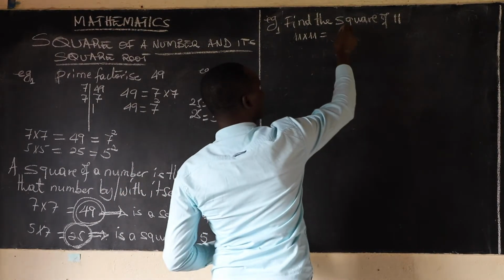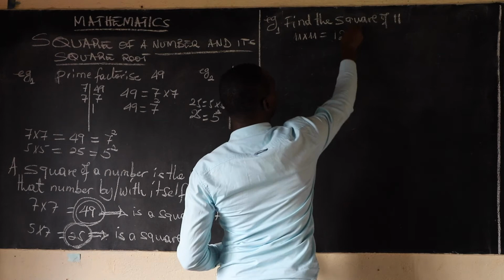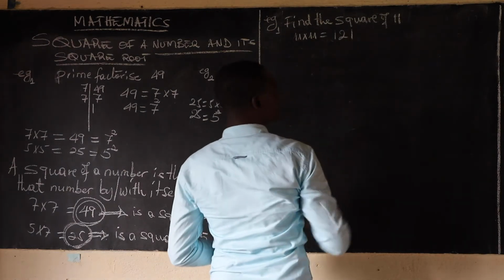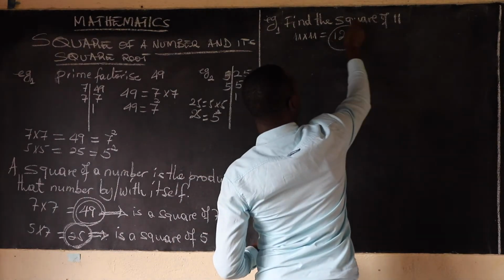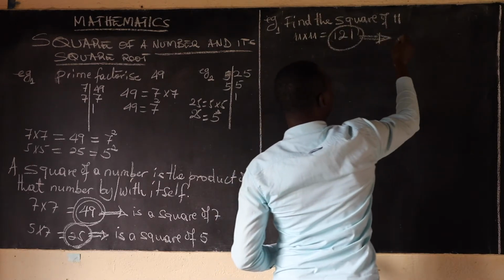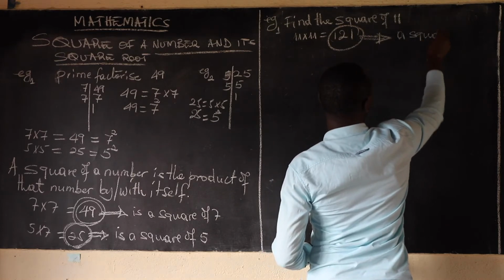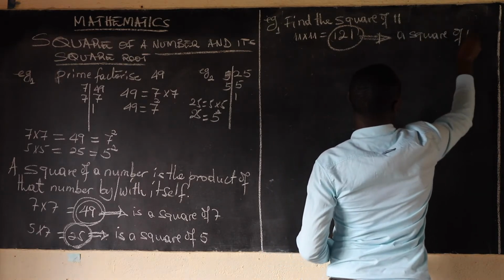From our multiplication, we know that 11 times 11 is 121. This is to mean that 121 is a square of 11.